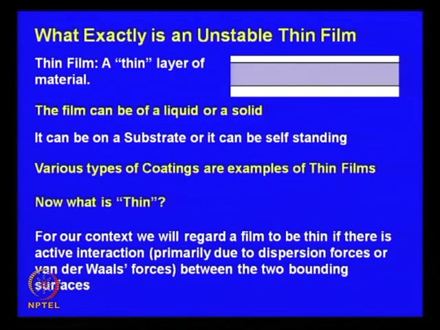A thin film, as you can see from the definition itself, is a thin layer of material. This material can be a liquid, it can be a solid. The schematic here shows a sort of thin film. So, you can see that it has two boundaries. The first thing to note is that you can have two possible configurations essentially.